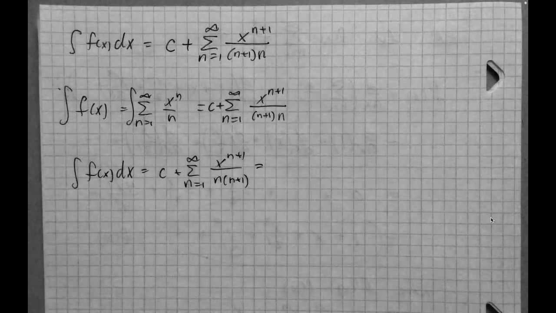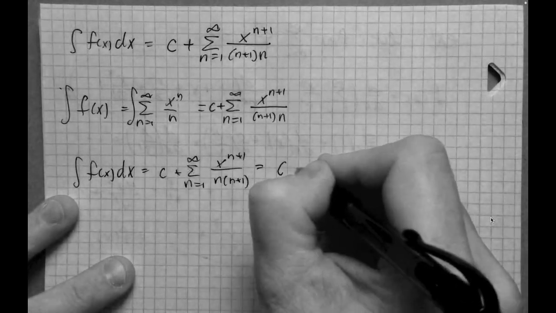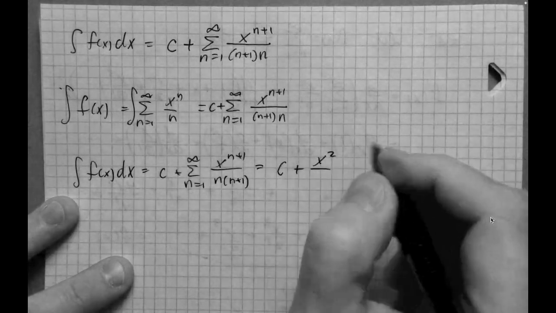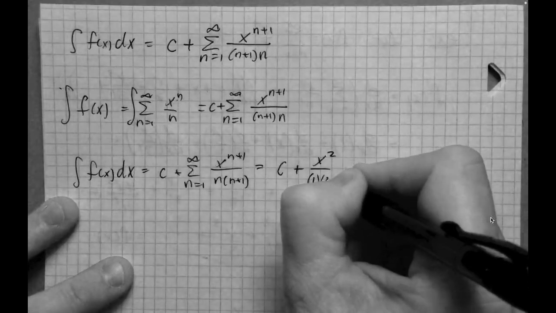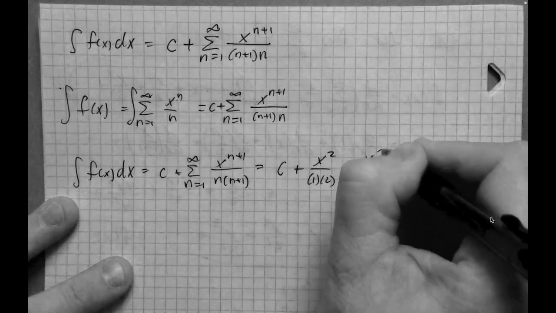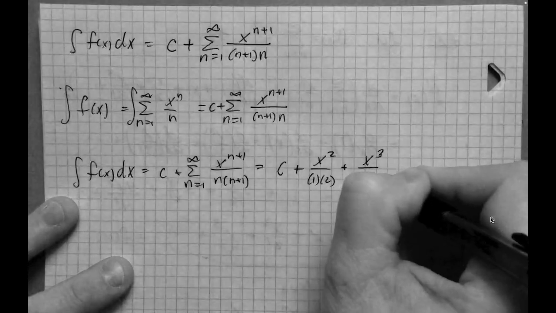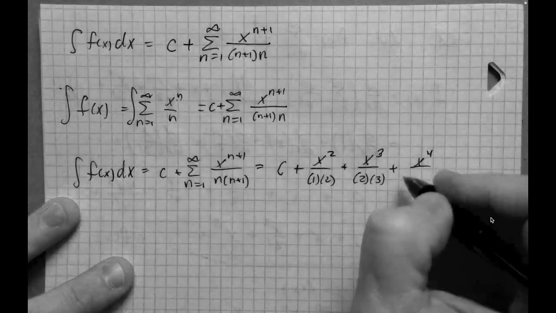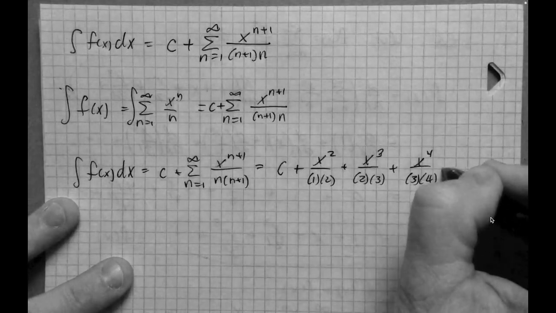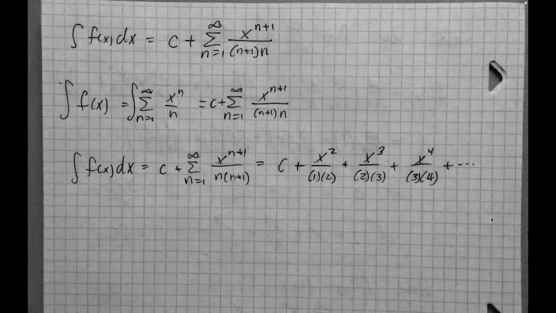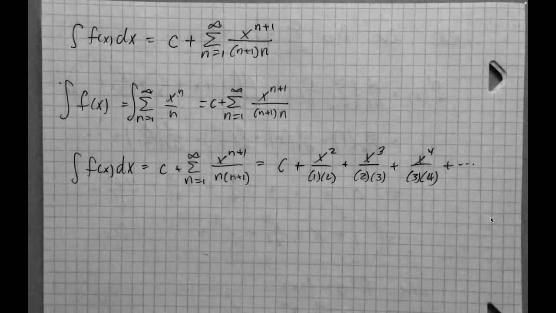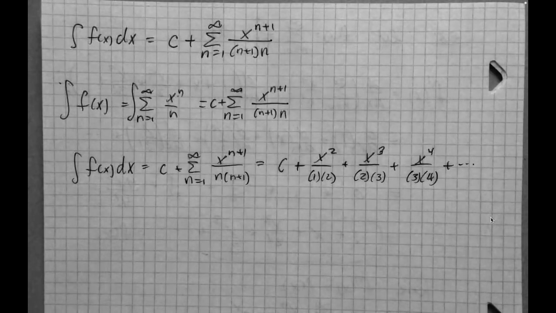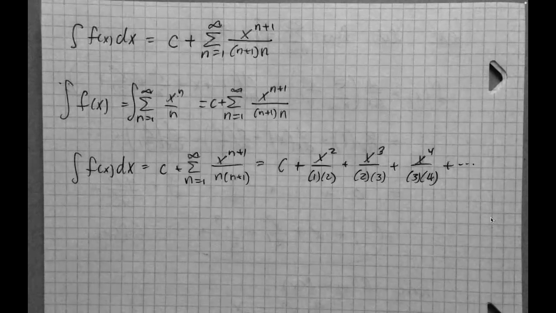The first couple of terms look like this: you've got the c, and then x squared divided by 1 times 2, plus x cubed divided by 2 times 3, plus x to the 4th divided by 3 times 4, and so on. A very different function, seemingly, from the derivative and from the original.